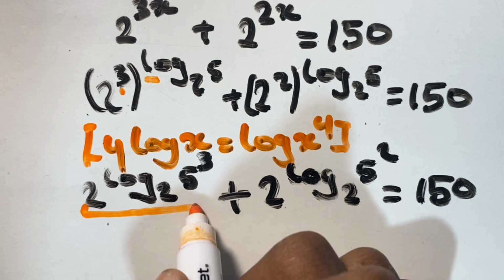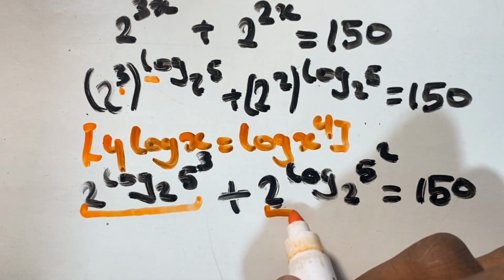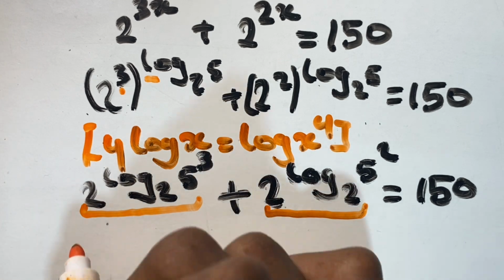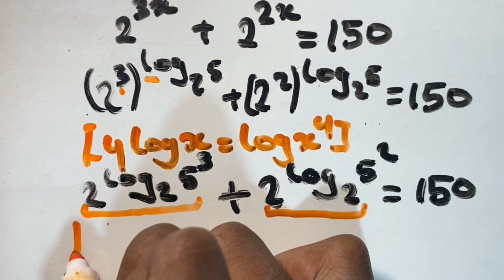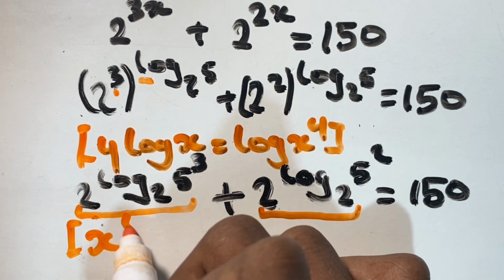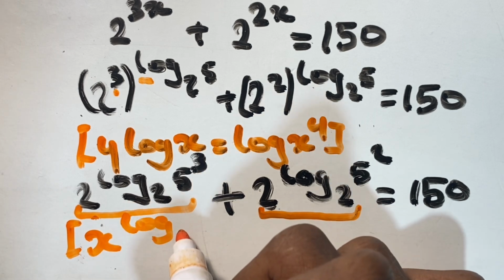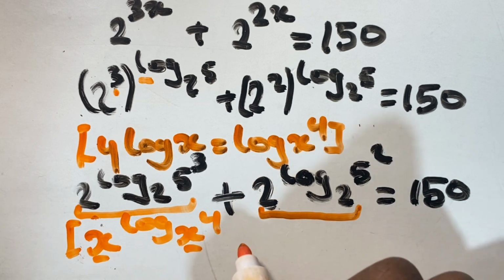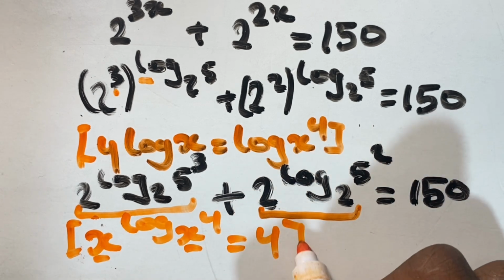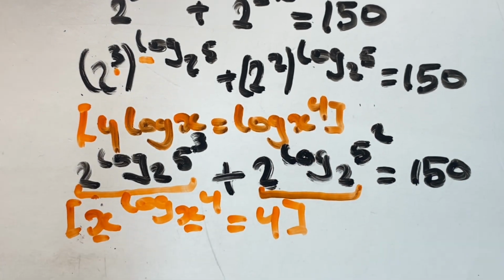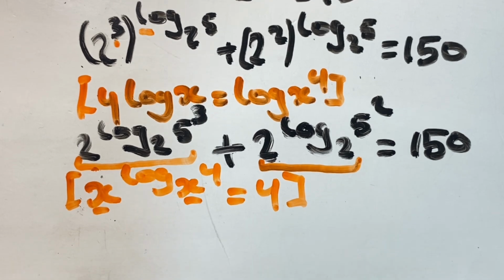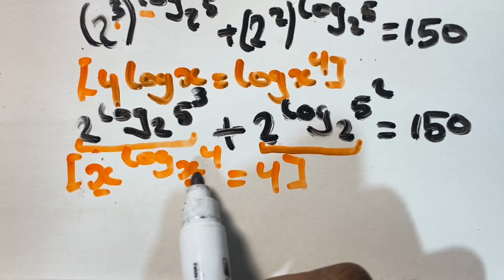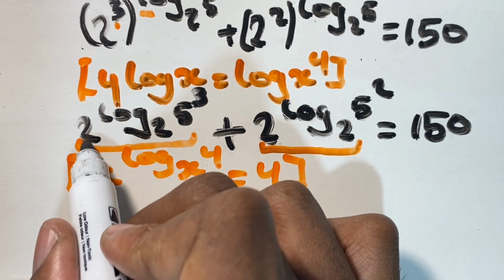Now looking at our two expressions that we see here, we will now use another logarithm rule to simplify these expressions. So our logarithm rule states that x to the power of log base x of y, where we have the same base x and x, is equal to y. So what are we saying here? If we look at our equation, we see where we have 2 powered by log base 2 of 5 cubed.